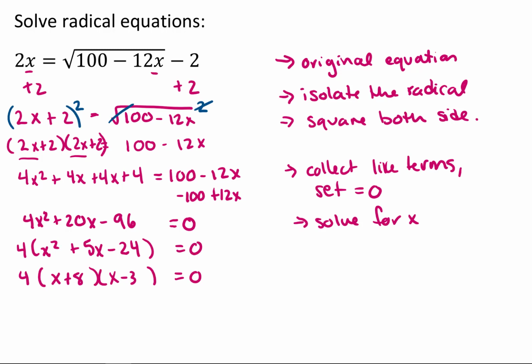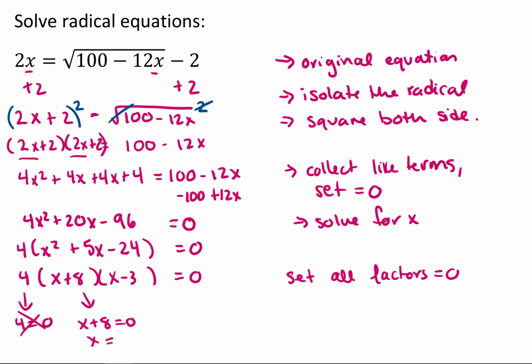In order to solve for x, we're going to set all of our factors equal to 0. So we end up getting 4 equals 0. That doesn't make sense. So that gives us no solution. X plus 8 equals 0. So that gives us x is equal to negative 8.